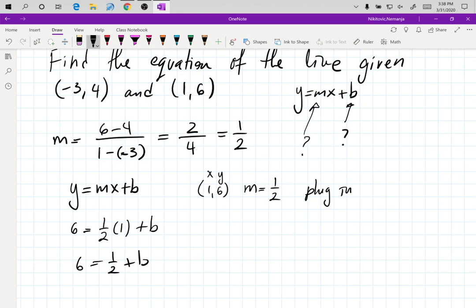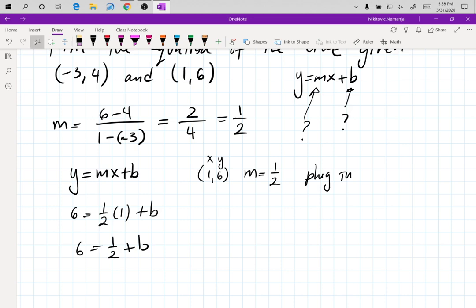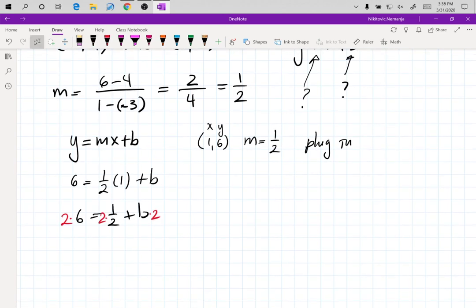plus b. Now we can use the trick of multiplying everywhere by 2 to cancel the fraction. So times 2, times 2, times 2. And that's going to be 12 equals 1 plus 2b. So no more fractions, right? That was our way to remove fractions.